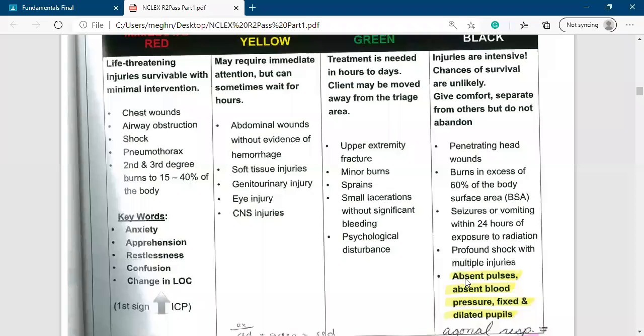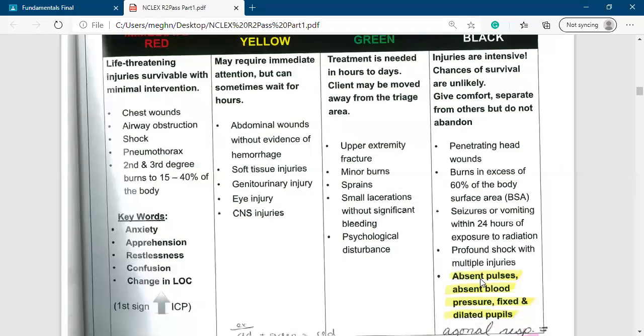So absent pulses or absent blood pressure, meaning vital signs not measurable, no pulse, dilated or fixed pupil indicate the patient is close to dying.